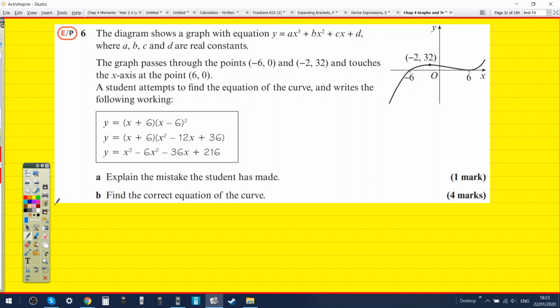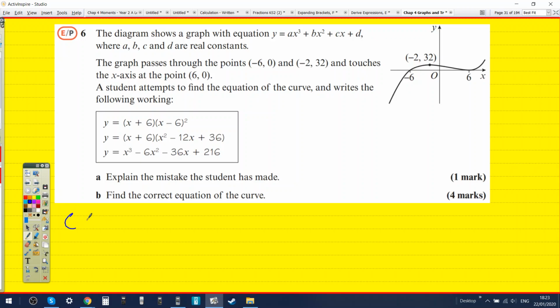The graph. So we could try getting the... If you're not sure where they went wrong, just try it yourself. x minus 6, x plus 6.